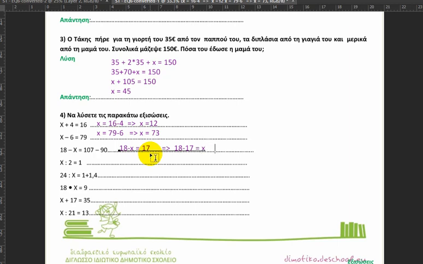So x equals 1. x divided by 2 equals 1, which means that x is equal to 1 times 2, which I can just write as 2.